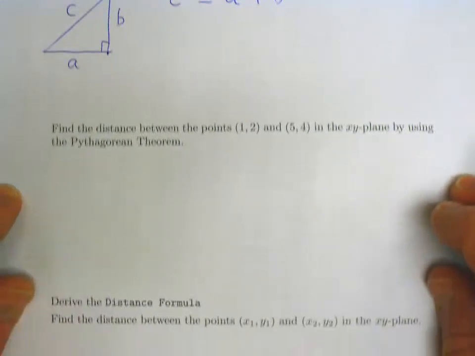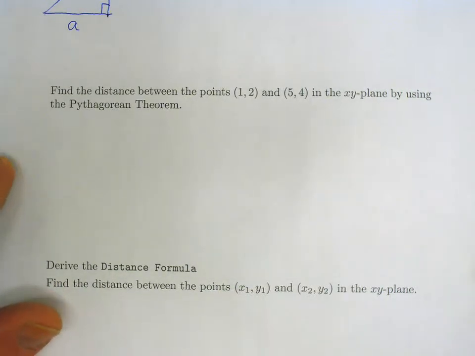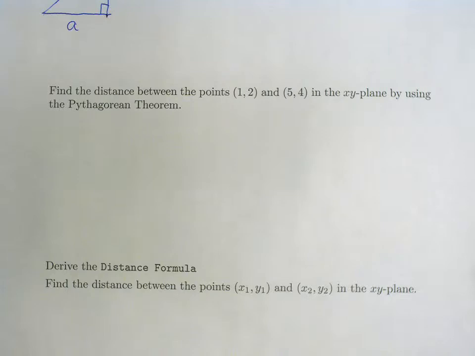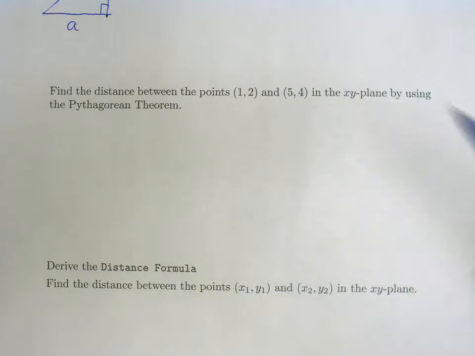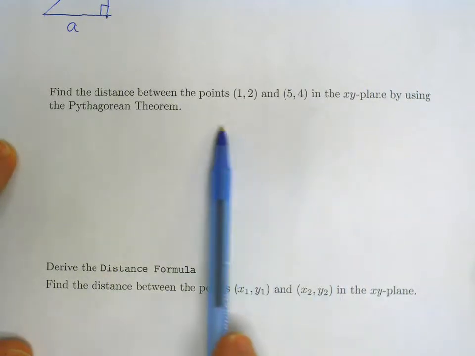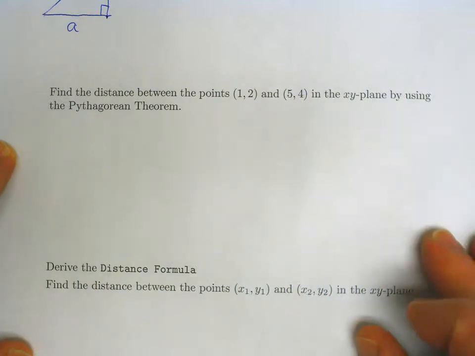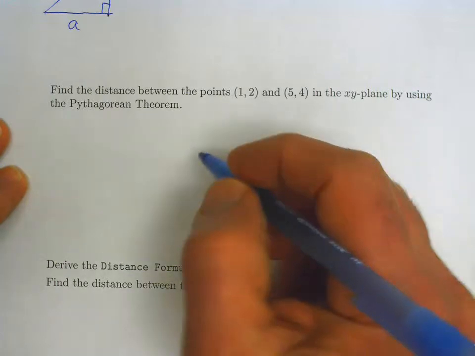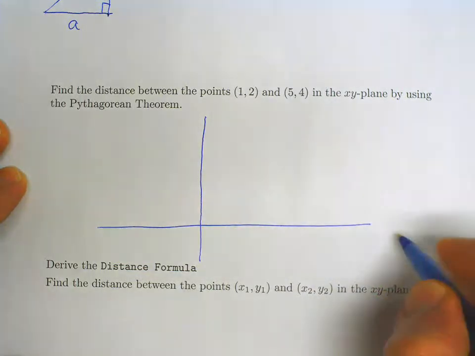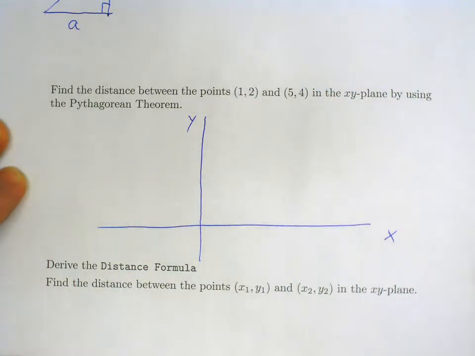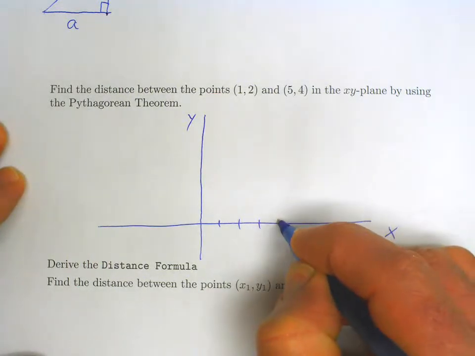Okay, so in the xy plane, if we plot any 2 points, we can find the distance between those 2 points by using the Pythagorean theorem. So we're going to do that in this example. We'll plot the points (1, 2) and (5, 4) in the xy plane. So I'll draw the y-axis and the x-axis, and then we'll plot those 2 points.